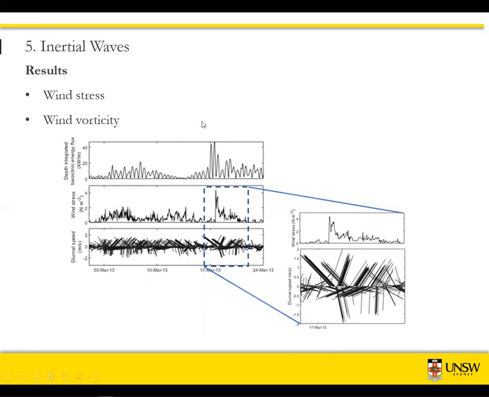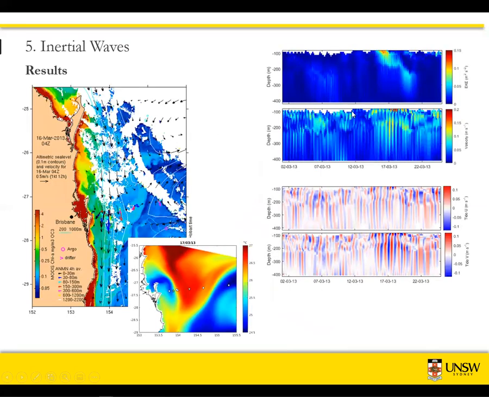So we analyzed this moment, and we could see that the wind is generating an inertial wave here. This is very characteristic of an inertial wave, with a strong wave at the surface, and it also propagates down to the bottom. So that's very interesting, and that's our next step.